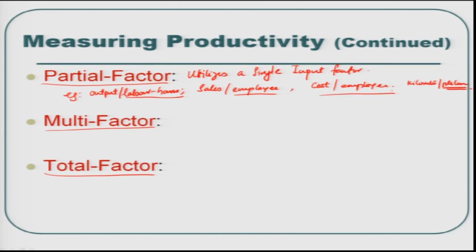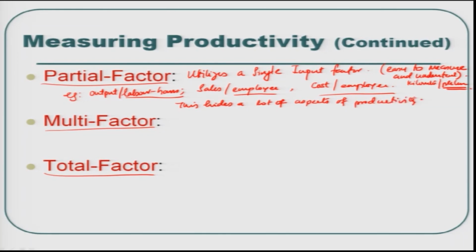The advantage of partial factor is they are easy to measure and understand. The disadvantage of this is that it hides a lot of aspects of productivity.